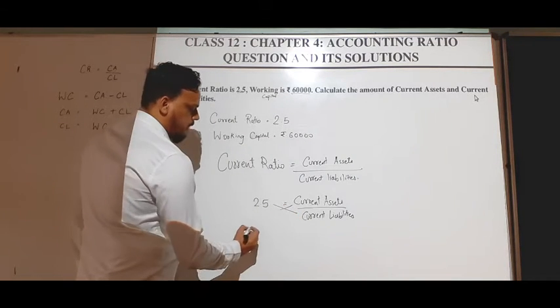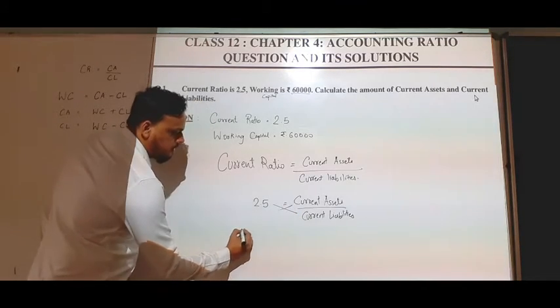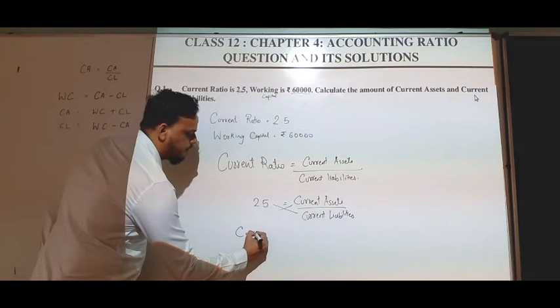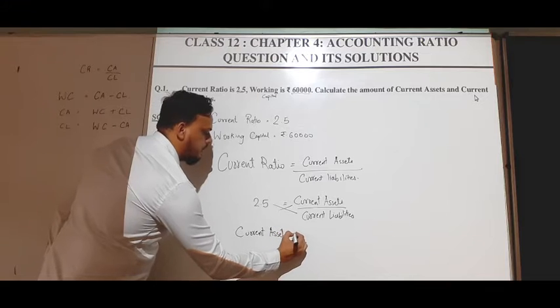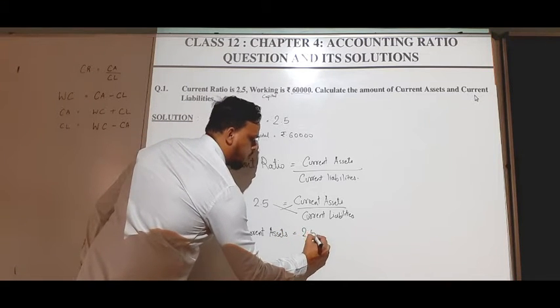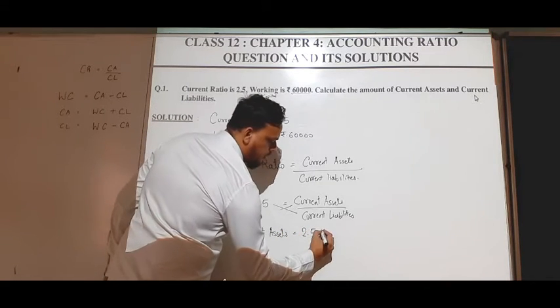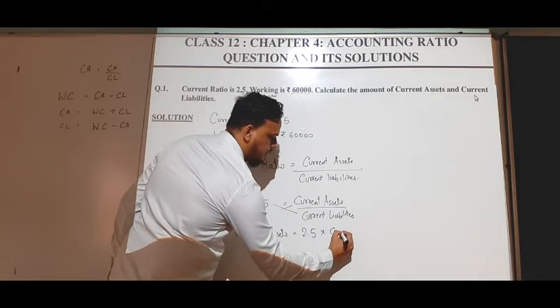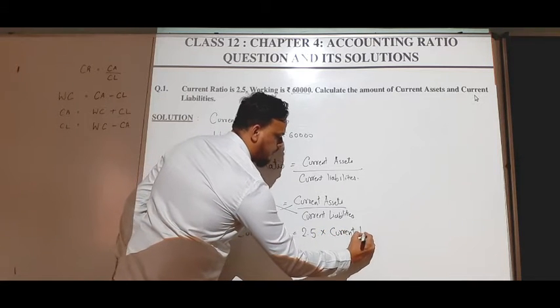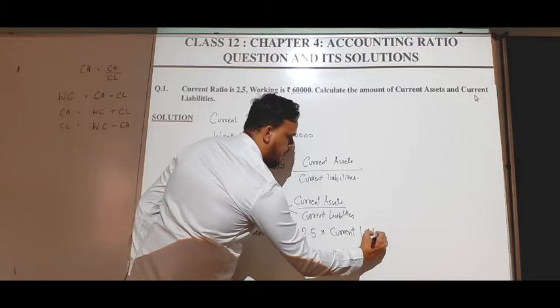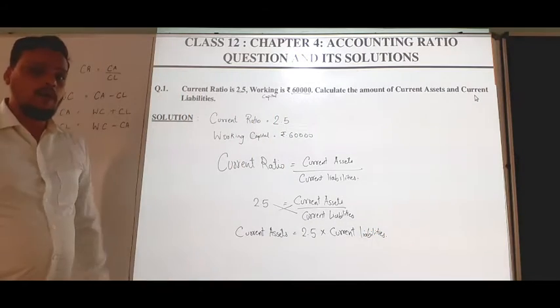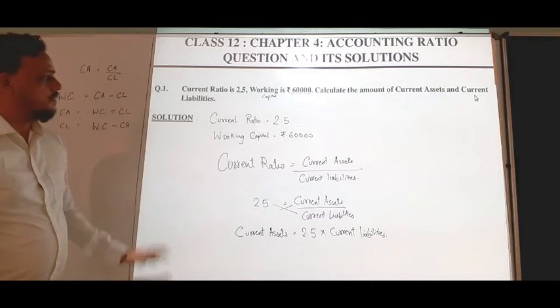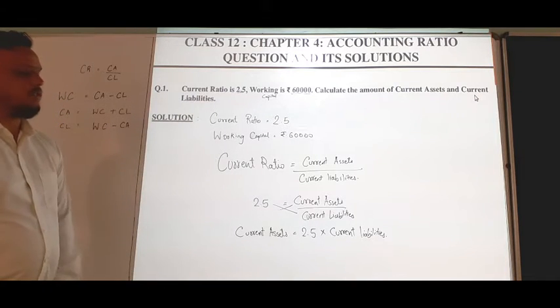If we do cross multiplication, we will find that current assets is equal to 2.5 multiplied by current liabilities. This much has been done with the help of the question.